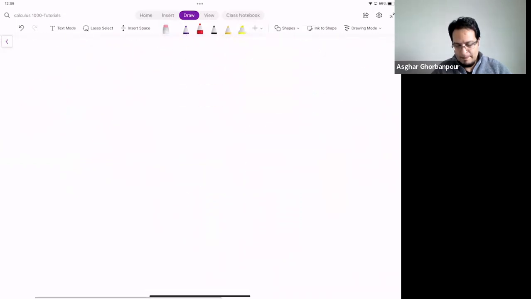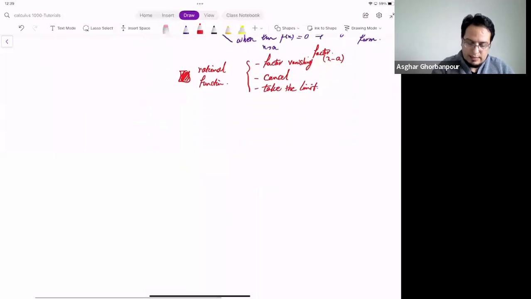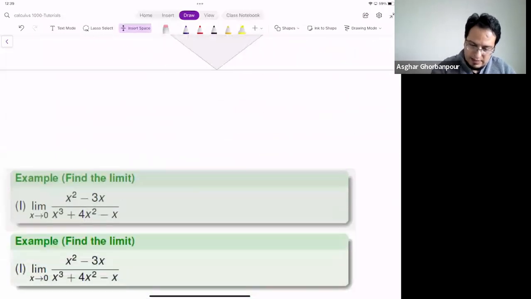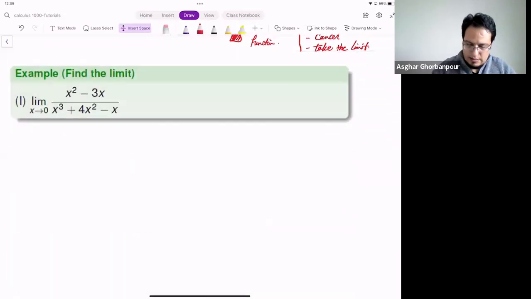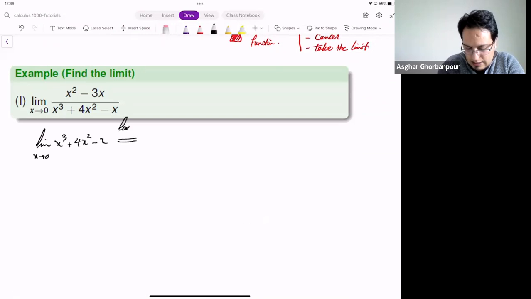Very good. So I will go ahead and do the first example here. Okay, so this is a polynomial over polynomial, a rational function. We always start with the denominator. Using limit laws, I can see that this is 0 cubed plus 4 times 0 squared minus 0.